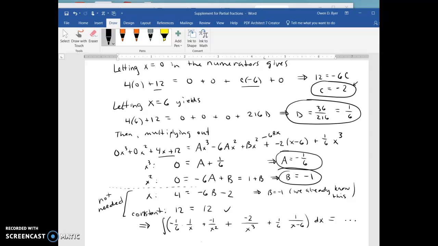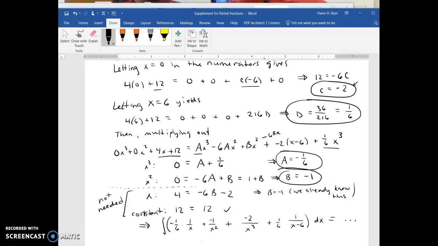It was 4x plus 12, so there were 0 x cubes. And on the right-hand side, the x cubed term was ax cubed plus 1/6 x cubed, because d was 1/6. So a plus 1/6 had to be 0, so a is negative 1/6.